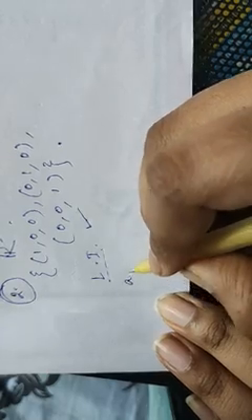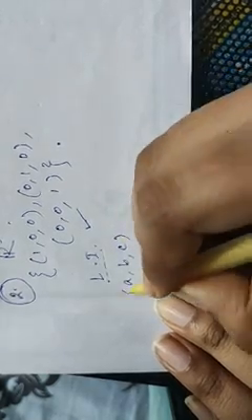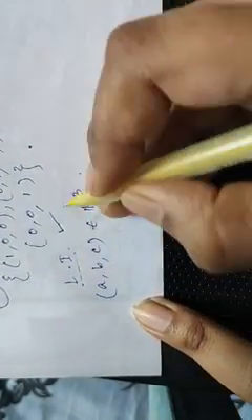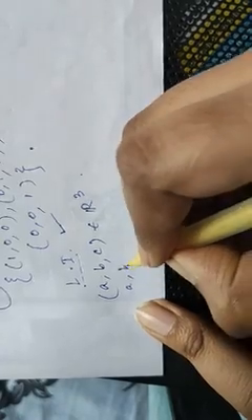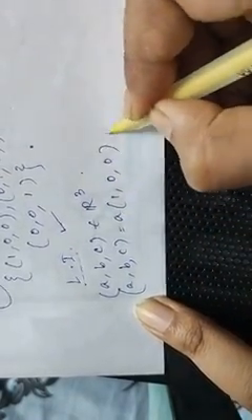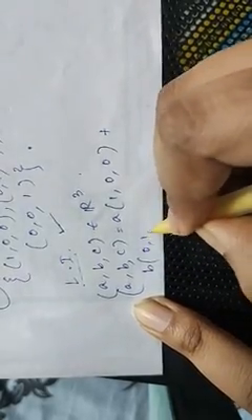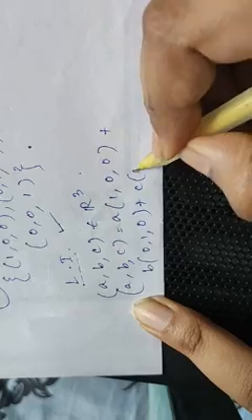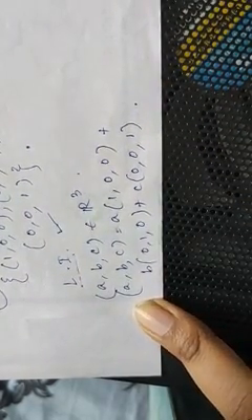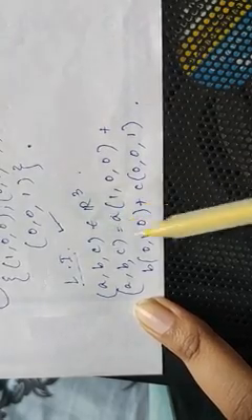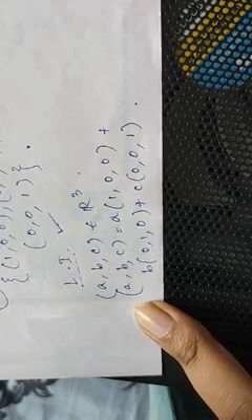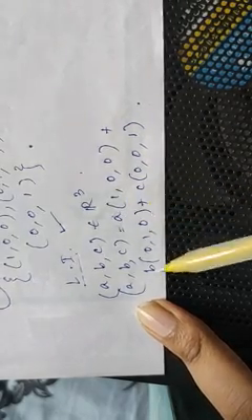So if you take any vector (a, b, c) belonging to R cube, then we can easily express (a, b, c) as a into (1, 0, 0) plus b into (0, 1, 0) plus c into (0, 0, 1). Just by applying the previous procedure, taking c1, c2, c3, then equating both sides, you will get the values of c1, c2, c3, and this comes as a, b, c.